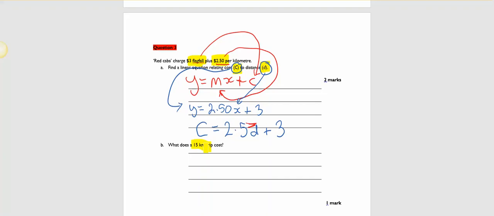First of all, we're asked how much does a 15 kilometre trip cost? Well, we can use our equation to work this out. We want to know what the cost is. C equals 2.5 times 15 plus 3. And we're going to use solve in our calculator for C to work this out. Go to our calculator.